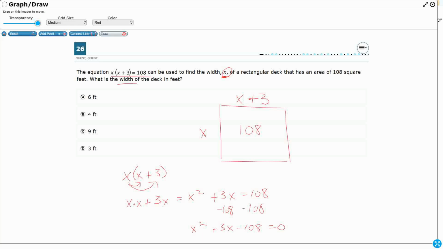Let's go ahead and factor though, because what I'm looking for is numbers that multiply to negative 108 but add to positive 3, right? So obviously we can use 1 and 108. I'm looking for a difference of 3. That's not going to work. 2 and 54.